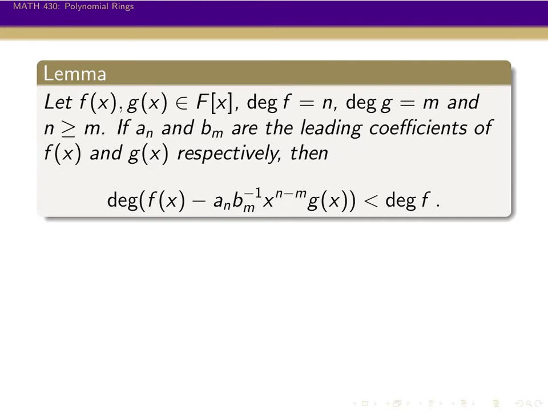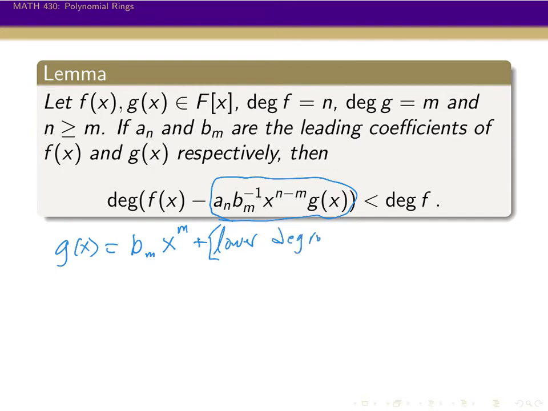Okay, so how does this work? Let's focus in on this guy right here. So we have g of x is equal to b sub m x to the m plus lower terms. When I say lower terms, I mean lower degree, lower powers of x.